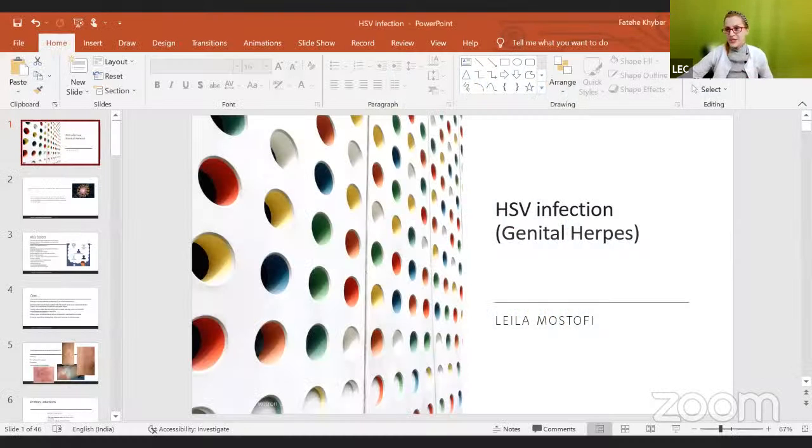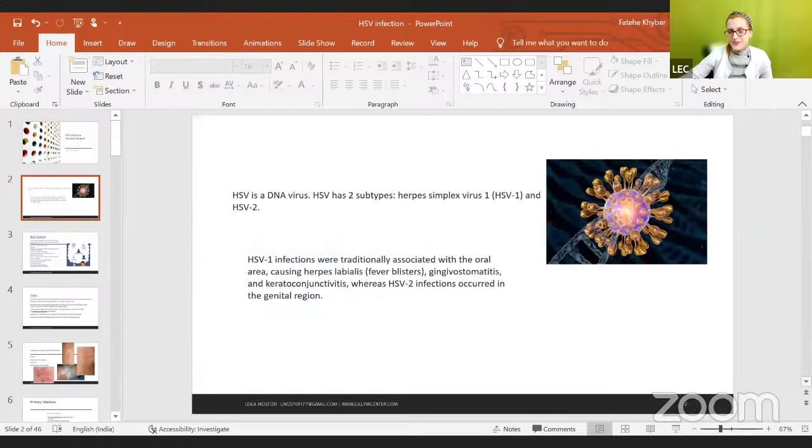HSV infection, HSV or genital herpes. What is genital herpes? As you know, HSV is a DNA virus. HSV has two subtypes: herpes simplex virus 1, which we call HSV1, and HSV2 or genital herpes.